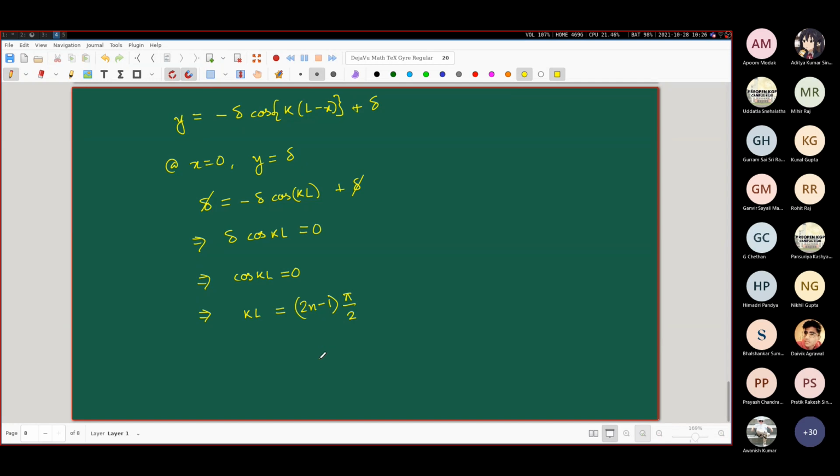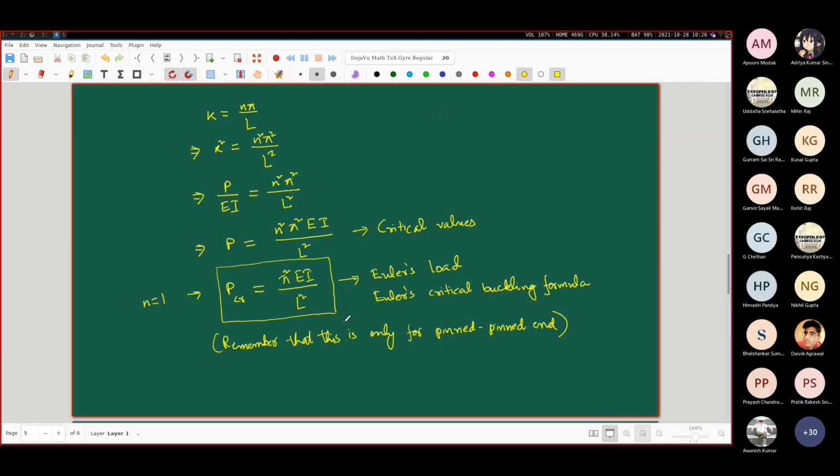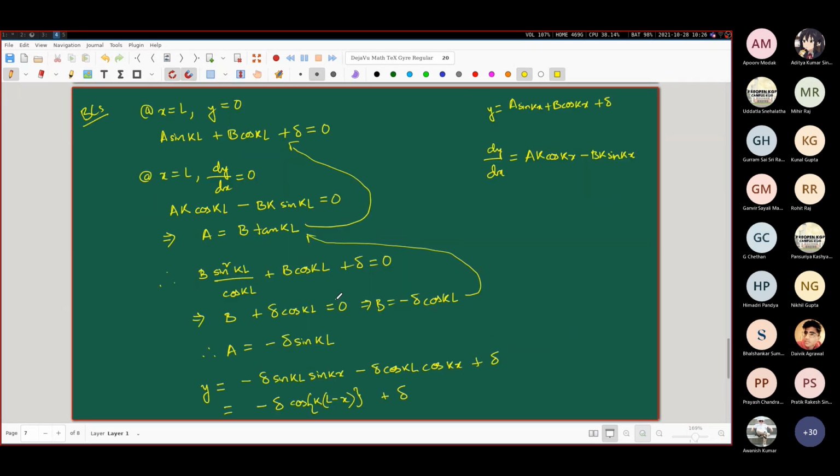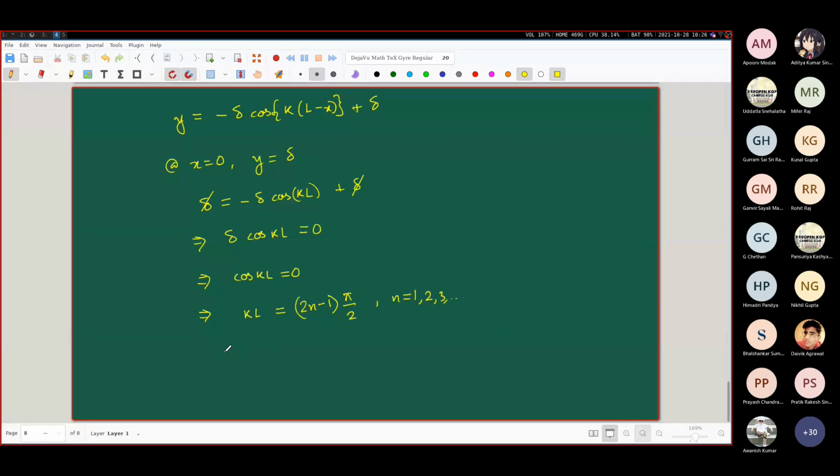So all odd multiples of pi by 2: pi by 2, 3 pi by 2, all those things, where n is equal to 1, 2, 3. Earlier in the pinned case, for n equal to 1, we had considered the lowest value of the P critical. We are going to do a similar thing here also. That means k is equal to twice n minus 1 times pi by 2L.